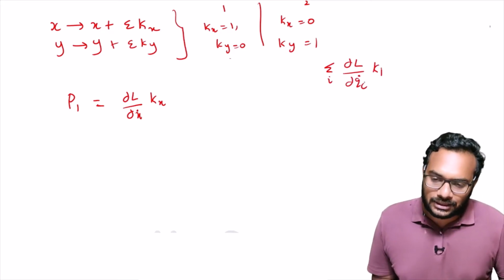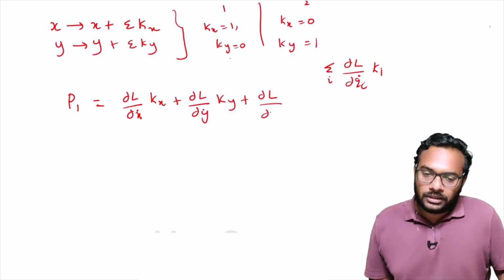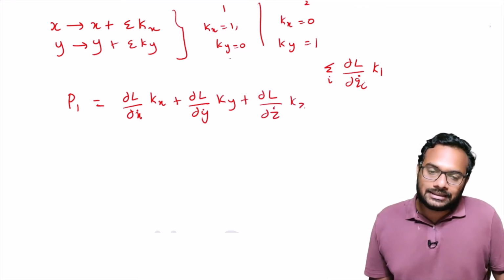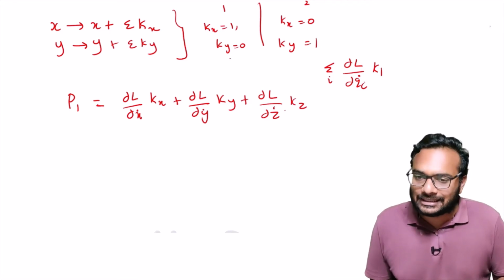That's Noether's theorem. So here the coordinates are x, y and z, so it's ∂L/∂ẋ kx plus ∂L/∂ẏ ky plus ∂L/∂ż kz. What's kz here? kz is 0, because if you change z, the Lagrangian actually changes.